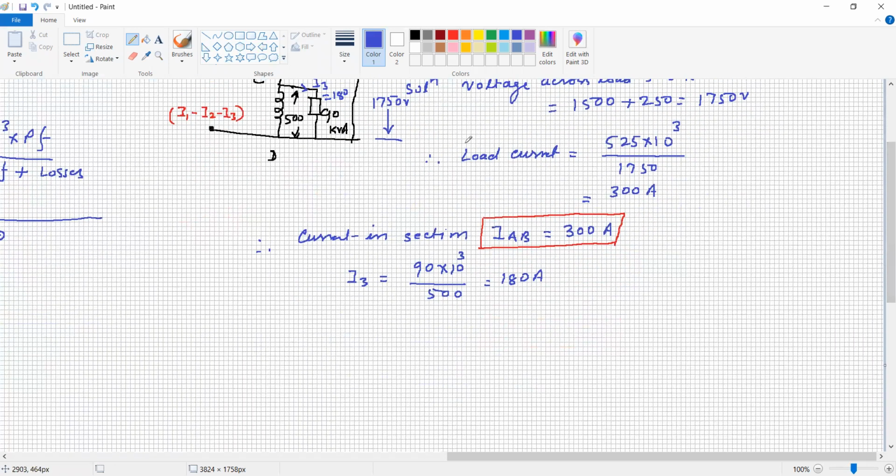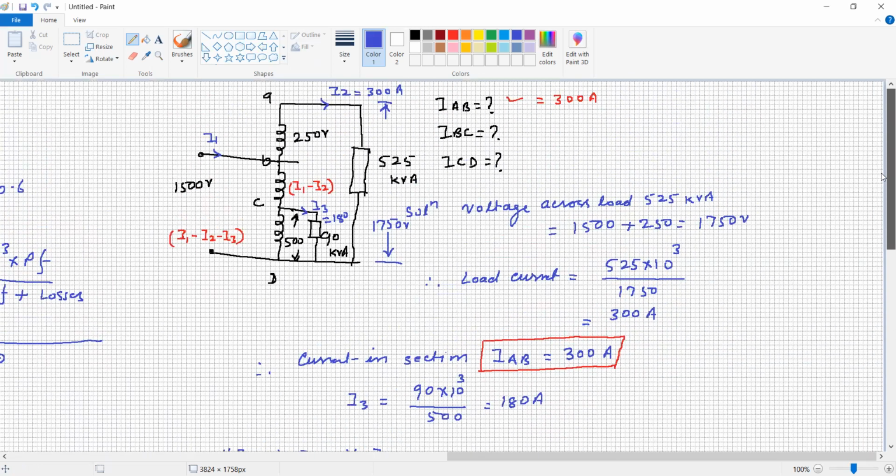We can calculate the current if we are able to calculate the total load supplied by the auto transformer, either in kilowatt or in VA. So now from this figure, V1 I1 is equal to V2 I2 plus V3 I3, since the load is connected on these two windings.